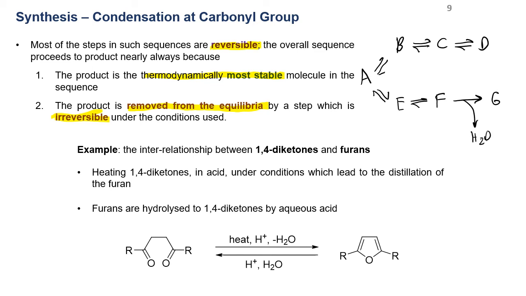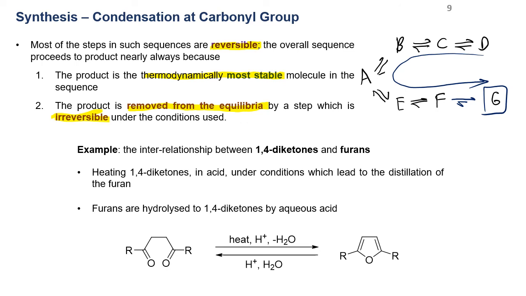So this step is irreversible. So overall, for the whole reaction equilibrium, eventually the reaction will be driven to the formation of G. Or in the other way, if G is so stable, then this equilibrium arrow is shifted towards the formation of G, so that the overall scheme is that you are going to form G as the major product.